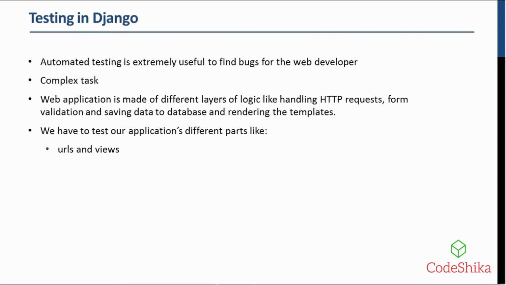We have to test our application's different parts: views and URLs for handling HTTP requests, forms for form validation and processing, models for saving data to the database, and templates for rendering.